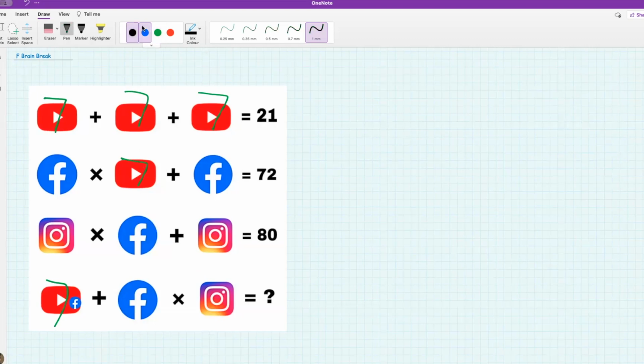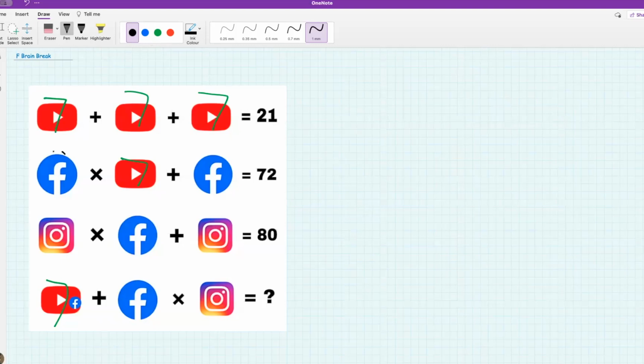Who thinks they know what Facebook is? Should I give you a hint? It's not 10, but it's not far away from 10. Because 7 times 10 is 70 plus 10 is 80. So it's not 10. But what else could Facebook be? It's going to be 9.